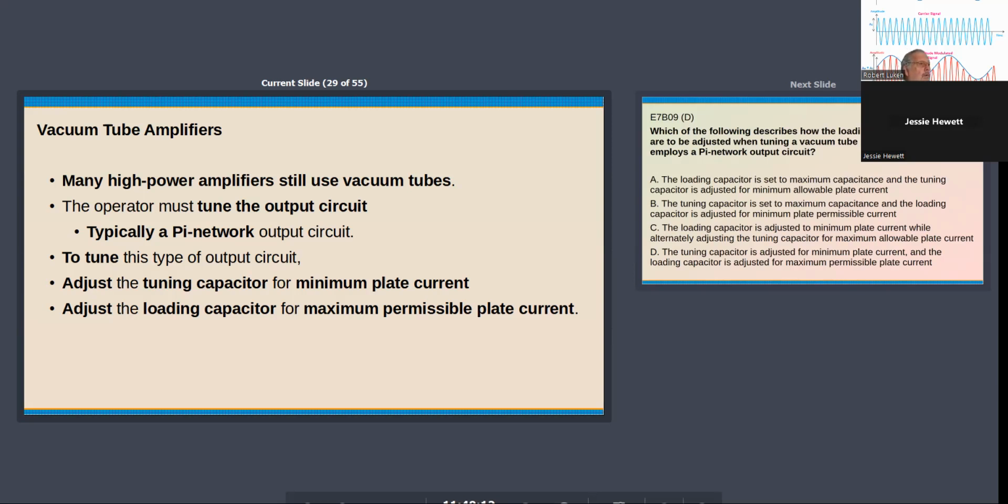Do they, in the modern amps, go to different classes depending on the modes? Yes, in some of them, they have a mode switch. That's on the general test, about the mode switch on the power amplifier. It changes the operation of the amplifier depending on whether you're in FM or single sideband.